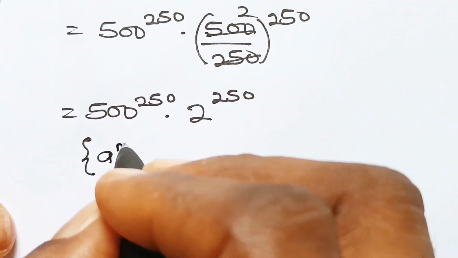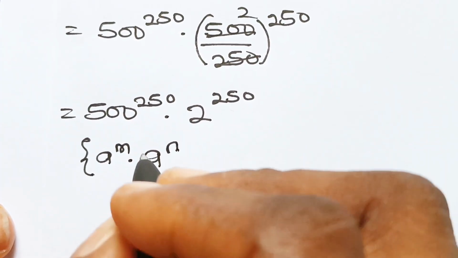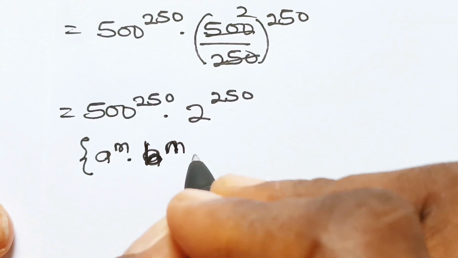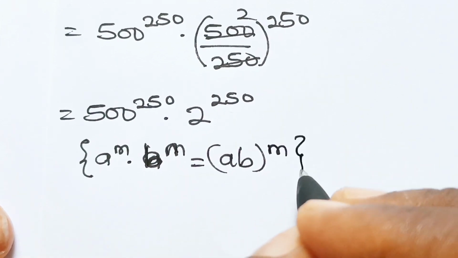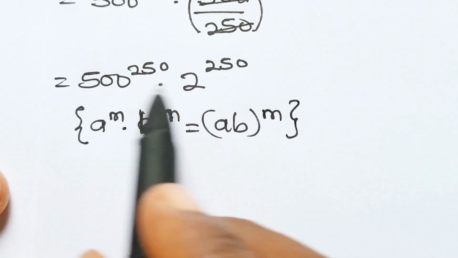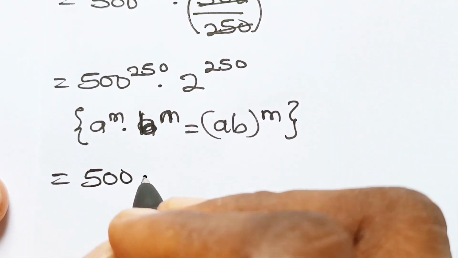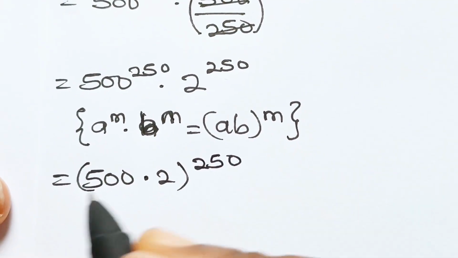Recall that a to the power of m multiplied by b to the power of m is equal to a multiplied by b, both raised to the power of m. Therefore, this is equal to 500 multiplied by 2, raised to the power of 250.